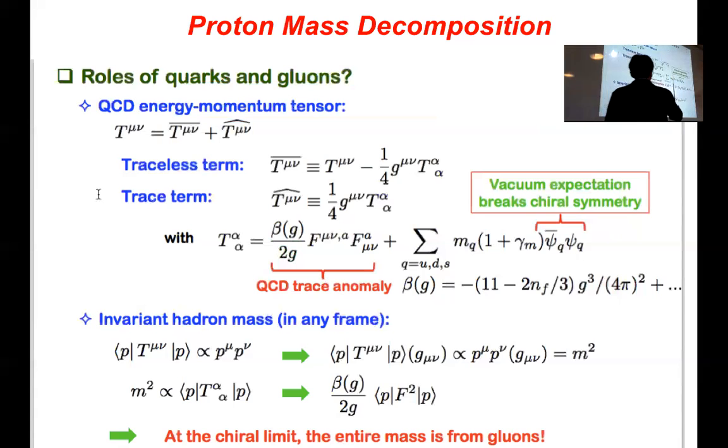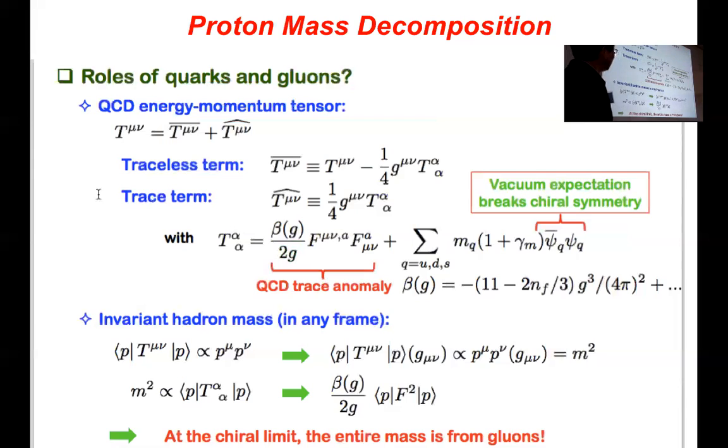The quark mass term has small contributions, and people have done calculations through lattice or through perturbation. Actually it's more than 1%, closer to around 10%. So the remaining part comes from the QCD trace anomaly.